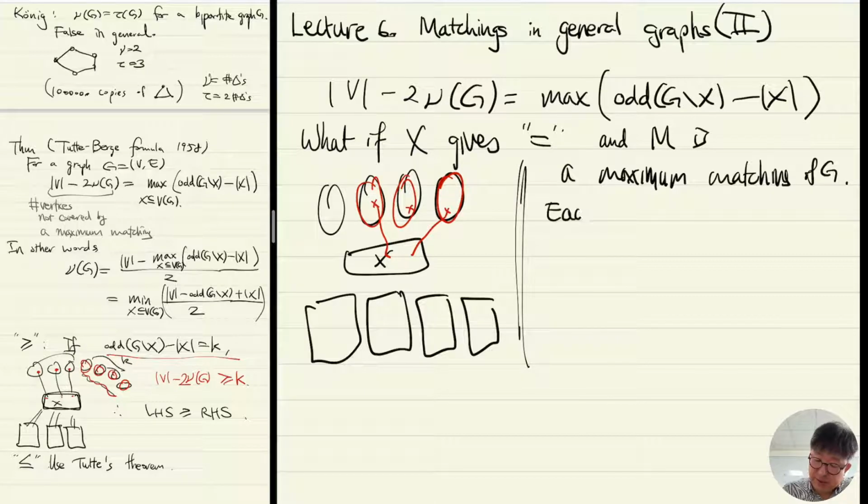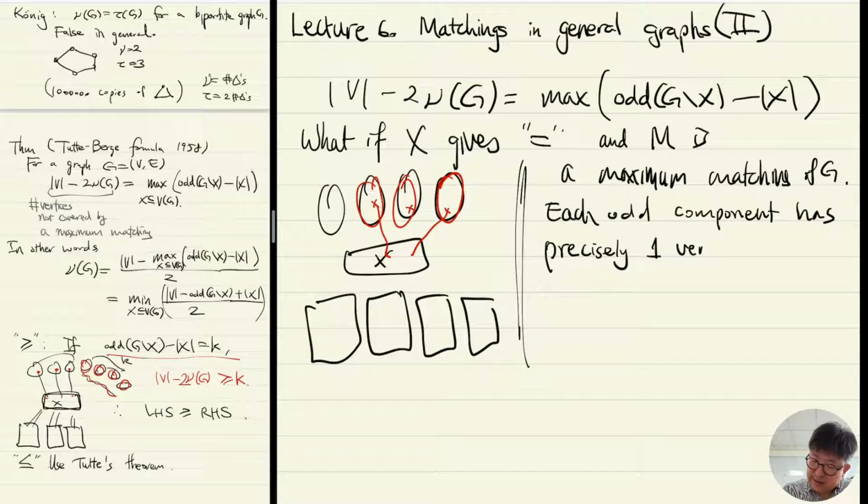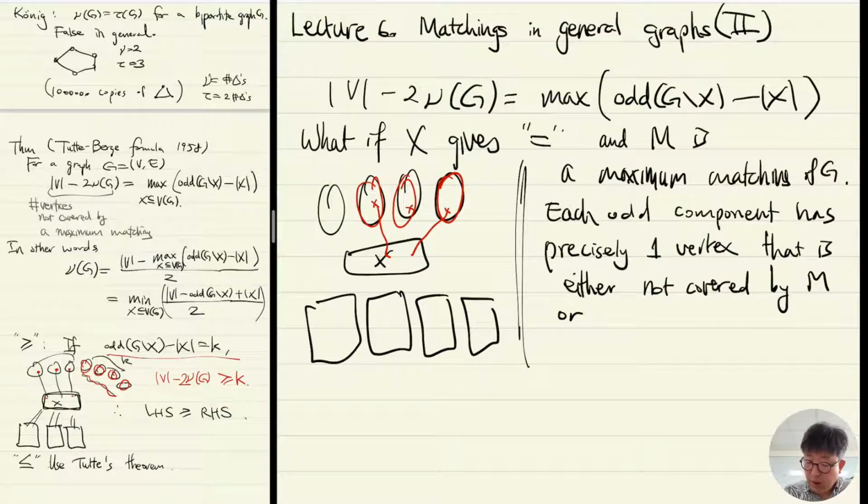So each odd component has precisely one vertex that is either not covered by M or is joined to a vertex in X by an edge in M.